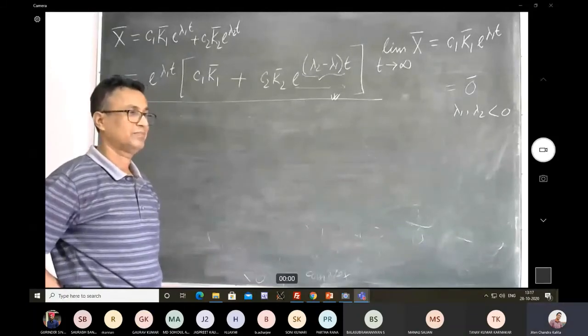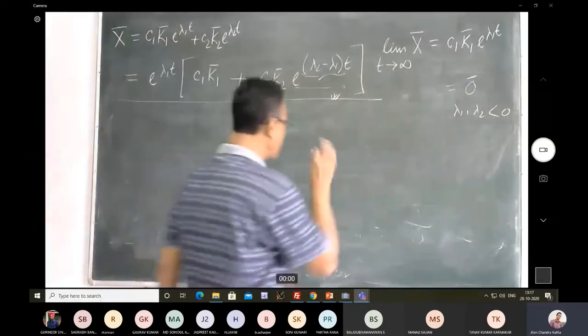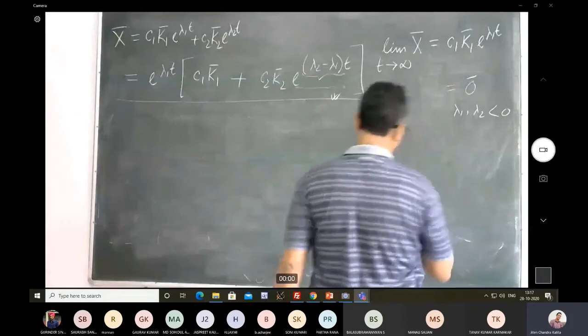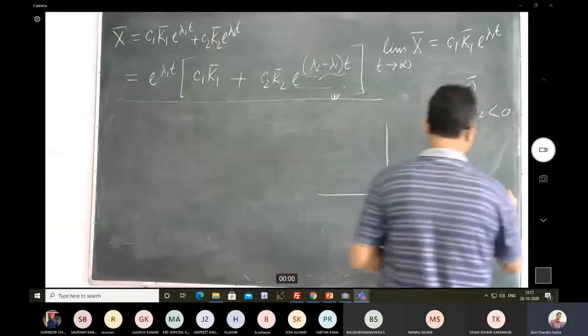Yes, this is always going to go to the 0 vector. Now I'll come back to this again, but you should understand how to plot them.